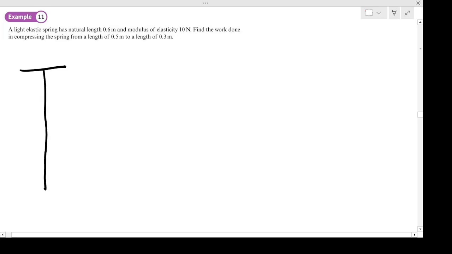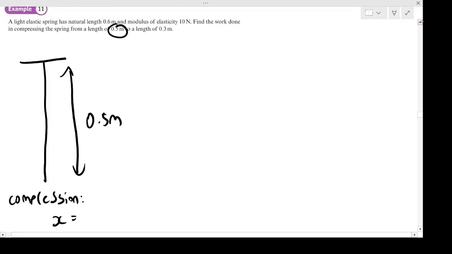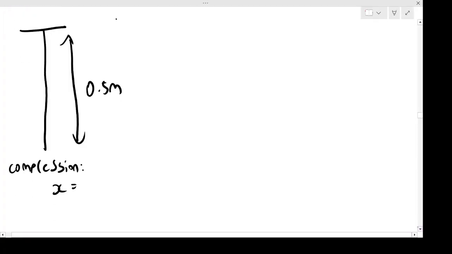I'm told the natural length is 0.6, but then the length goes to 0.5, so this length here is 0.5. So therefore in this case, the compression, which is x, well, how much is it compressed by? If the natural length is 0.6 and then it goes to 0.5, well, the compression has to be 0.1, right?